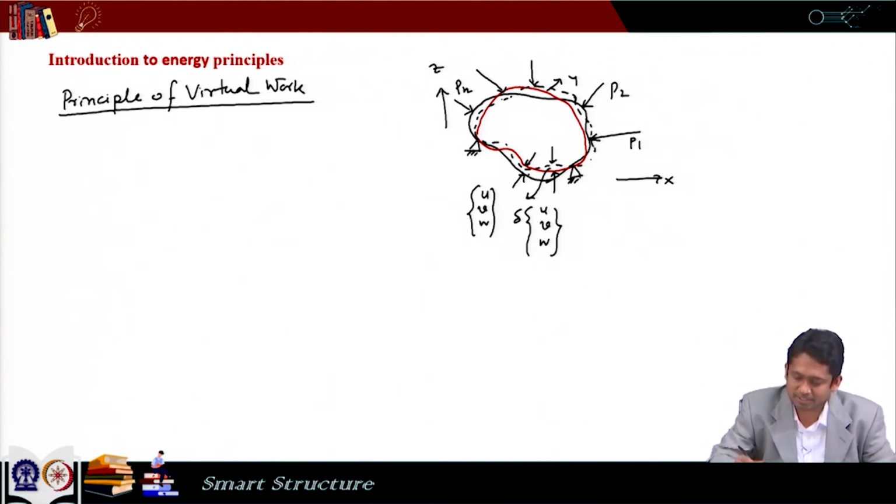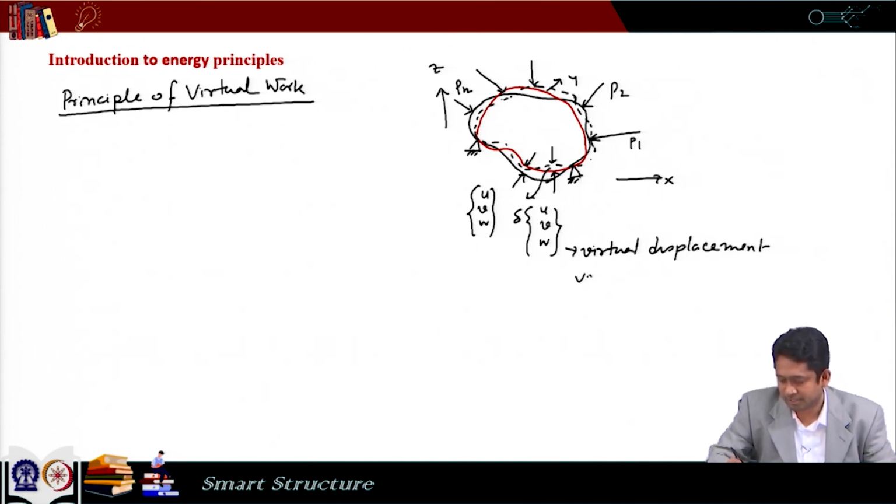So, u, v, w is the displacement that the body experiences under the application of this load, and on top of that deformed shape if I give some perturbation, that is nothing but a variation of this displacement, delta of this. These are called virtual displacements, which are nothing but the variation of displacement.